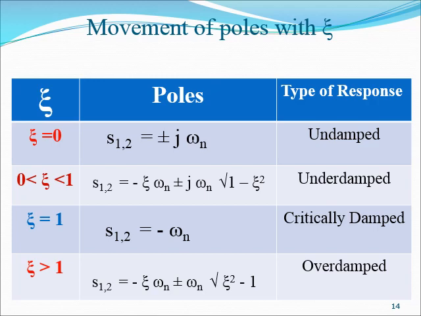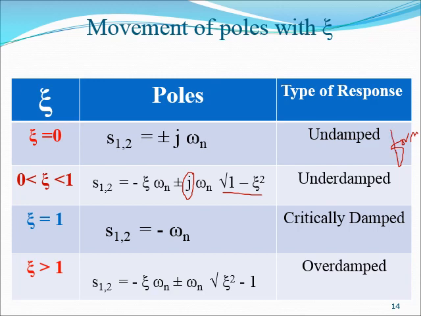When zeta is between 0 and 1, we can take minus 1 common, so we have 1 minus zeta square, like this, and we have put a j here now. So these are our roots, and this is the most interesting case, which is the underdamped case. This is the form of the response. Remember, this is not only the speed but the form, as we mentioned.